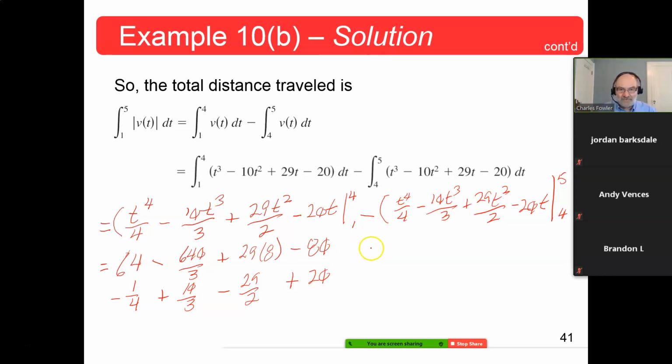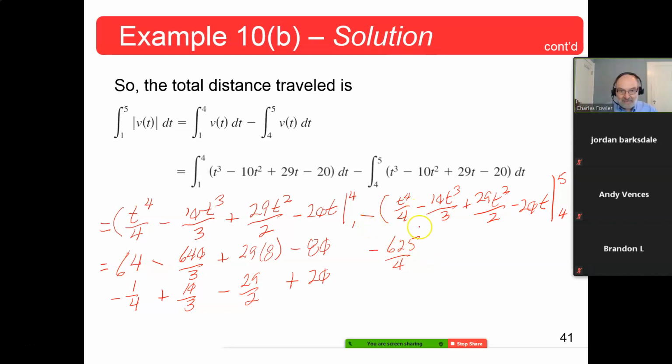Okay, that's that side. Now let's do this side. Hopefully that won't be too confusing. This will be a minus. Okay, now 5 to the first power is 5, second power is 25, third power is 125, fourth power I think is 625. So this will be a minus 625 over 4.